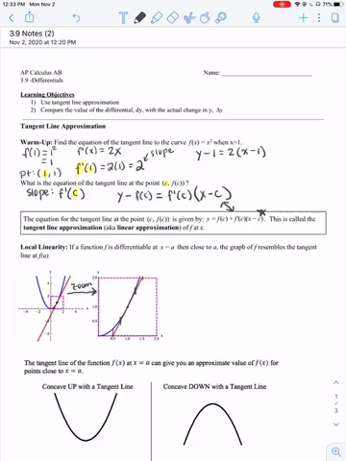And this just can make it easier than finding the point at the exact point on the function. And now that we have calculators, this is a little less important, I would say. But the idea is that we can use the tangent line to approximate our function at a point. So let's just write that.